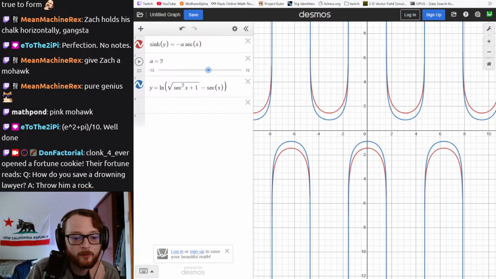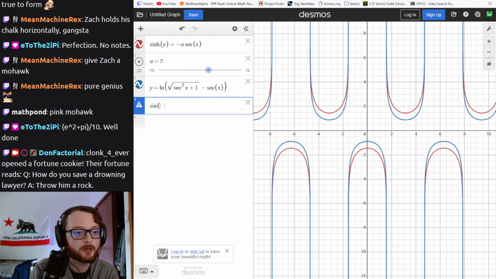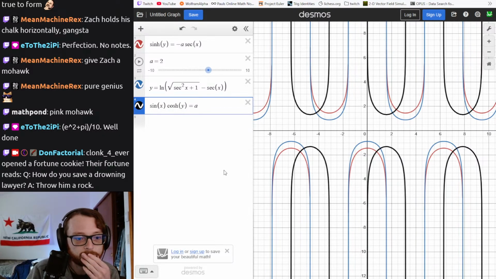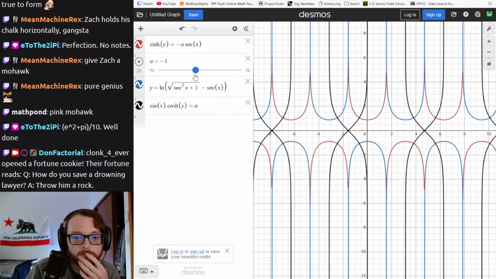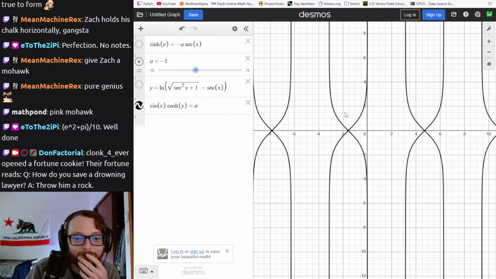What if we have sine x cosh y equals a? This is the level curves for the imaginary part. What a cool looking function.